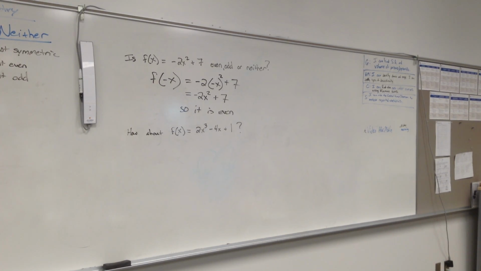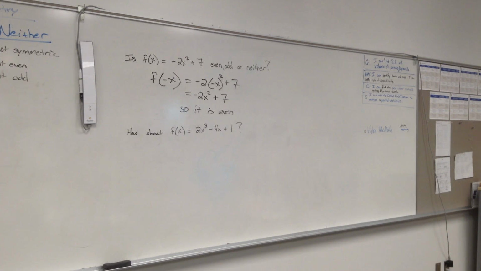To prove something is even, it's saying if I were to plug in a negative number, now I'm not going to sit here and plug in every negative number in the world. That would take too long. That's why I'm using negative x, right? So if I plug a negative x into my original function, it's going to equal the exact same thing as the original function.